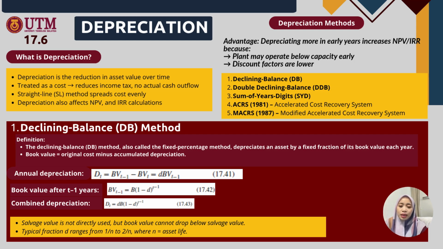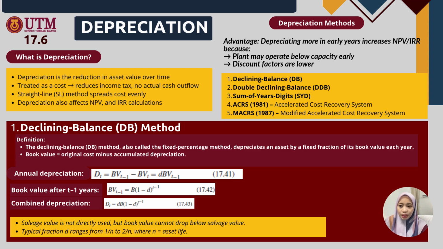The annual depreciation is calculated as the book value at the start of the year multiplied by the fraction d. The fraction d is usually between 1 over n and 2 over n, where n is the number of years of useful life. Commonly, 1.5 over n is used for the 150% declining balance, and 2 over n is used for double declining balance.